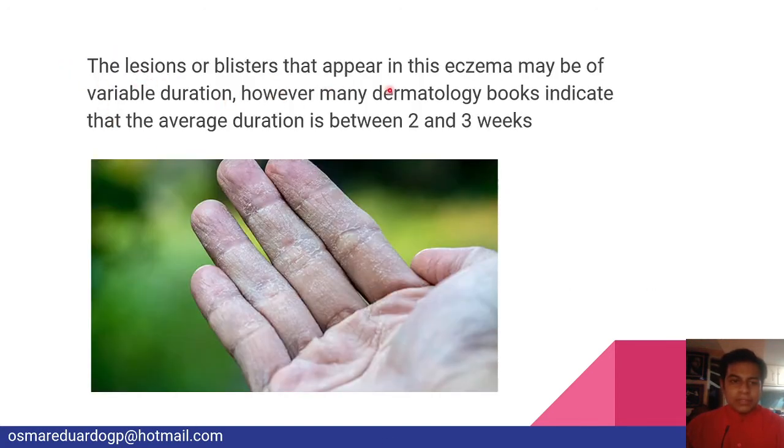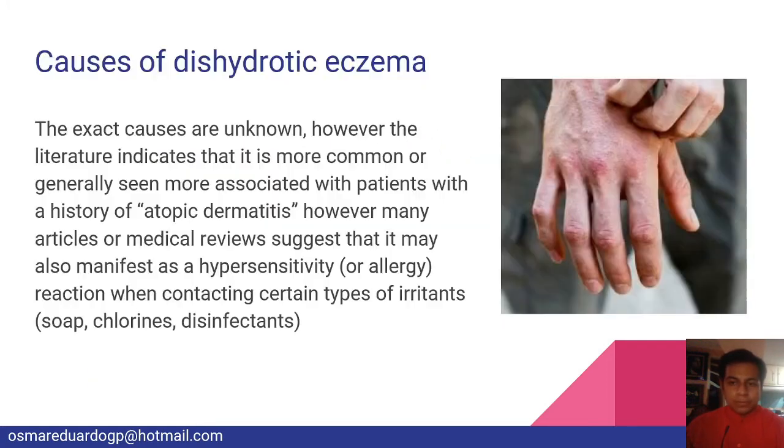The lesions or blisters that appear in this eczema may be of variable duration. However, many dermatology books indicate that the average duration is between 2 and 3 weeks. Cause of dyshidrotic eczema: the exact cause is unknown. However, the literature indicates that it is more commonly associated with patients with a history of atopic dermatitis.